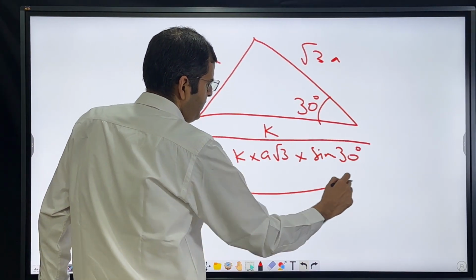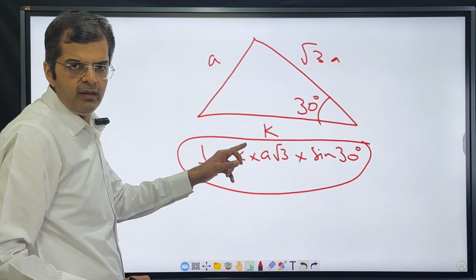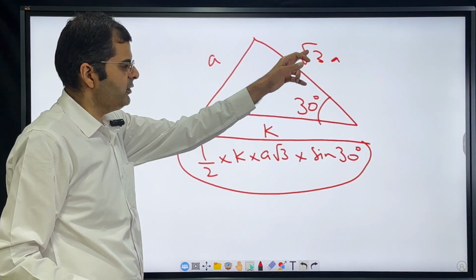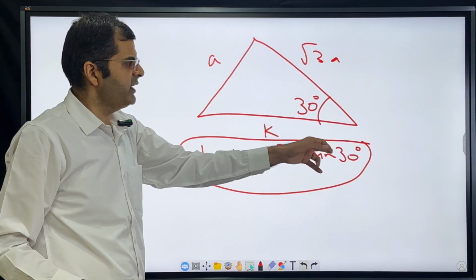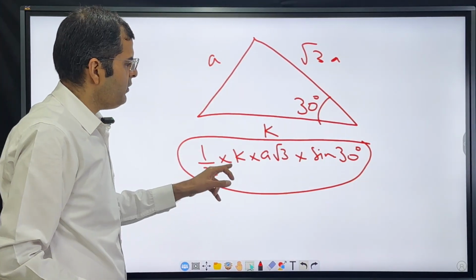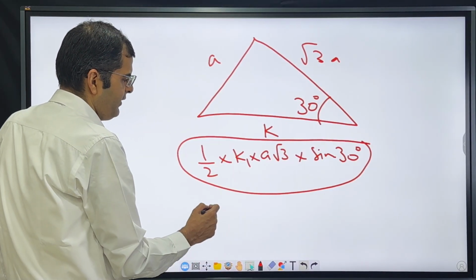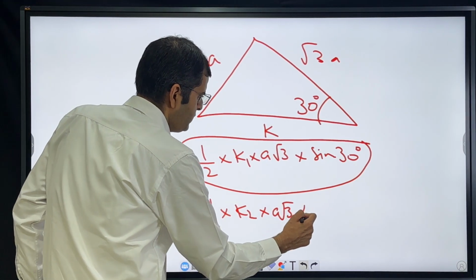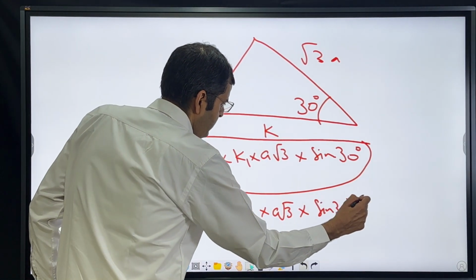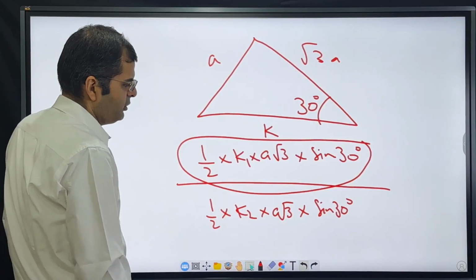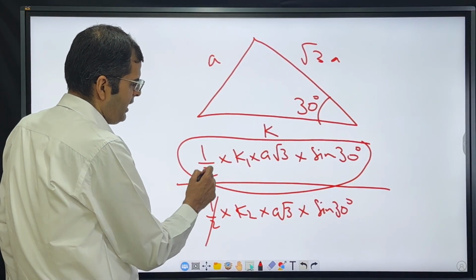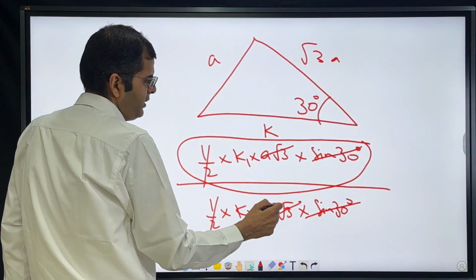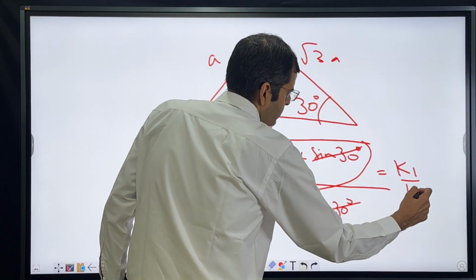This is the area of the triangle, because the area of a triangle is half into the product of two sides into the sine of the included angle between them. Now K has two values. So one area will use K1, and the other one will be half into K2 into A root 3 into sine 30 degrees. Now I have to find the ratio. That means I divide both of them. So if I divide both, half and half go, A root 3 goes, sine 30 goes. So what I am left with is K1 upon K2.